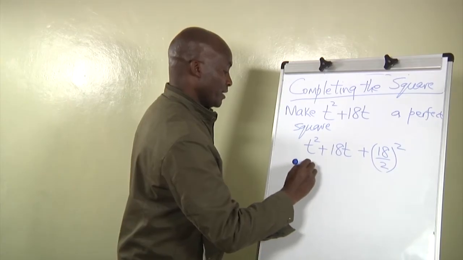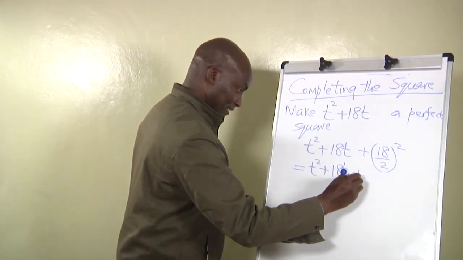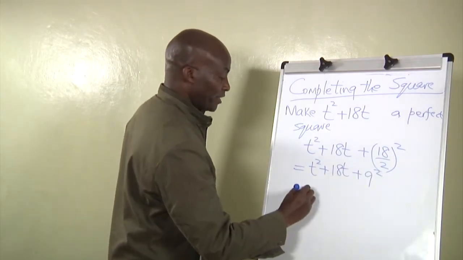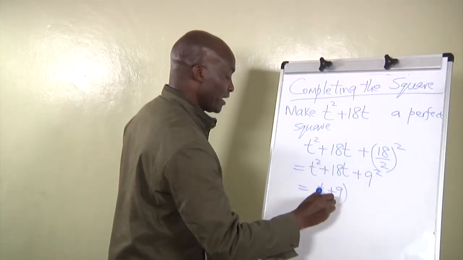So this will be t squared plus 18t plus 9 squared. And this can be written as the square of t plus 9.